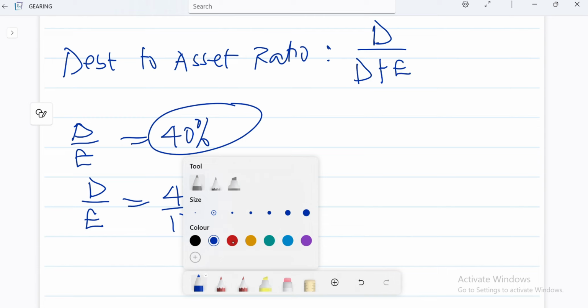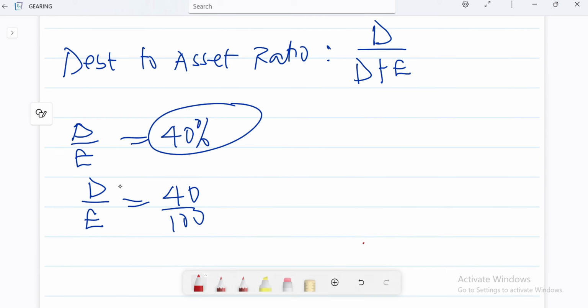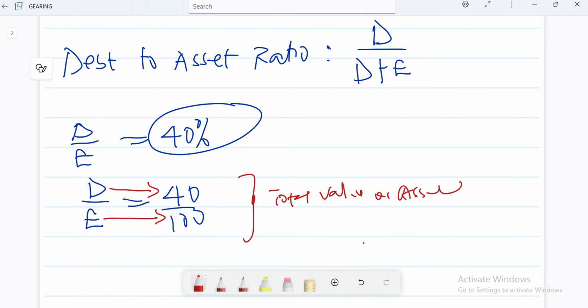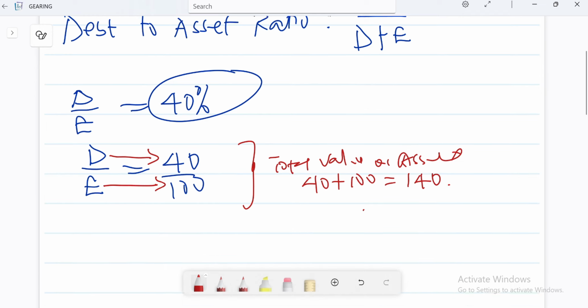So what this means is that debt is 40 and equity equals 100. So the total value of the organization, or total asset in this case, would definitely be 40 plus 100, which is 140.